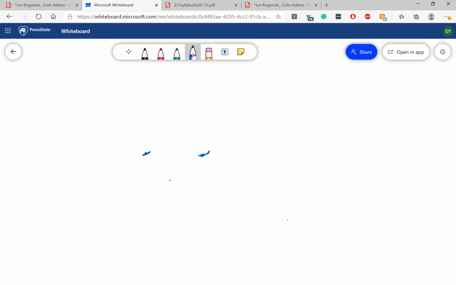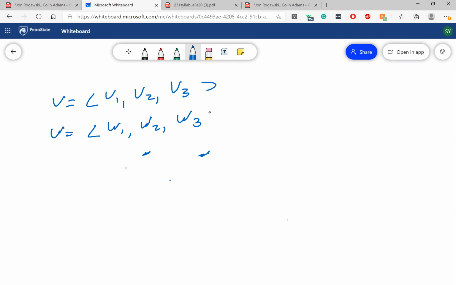So if you have two vectors, v, which is equal to v1, v2, and v3, and w, which is equal to w1, w2, and w3, then the cross product between them, which we'll call v cross w, is going to be the determinant of the matrix with an i here.